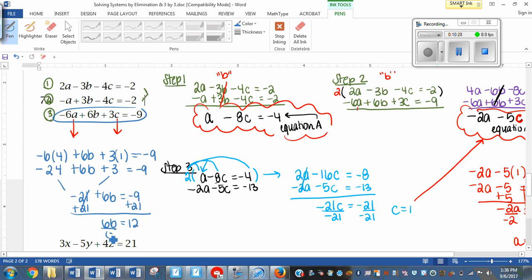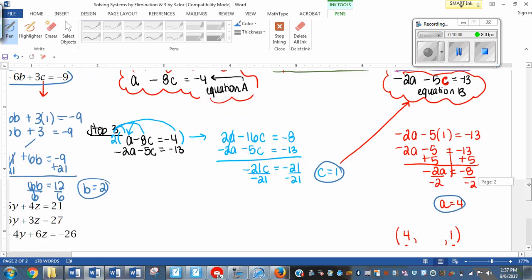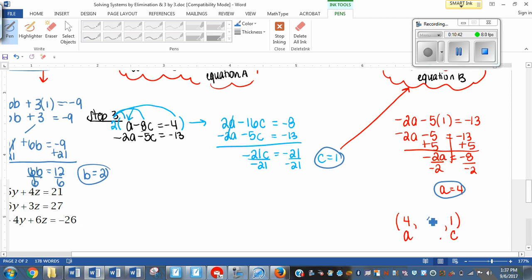And when we divide by 6, we're going to end up with 2. So 4, 2, and 1 are my final answers, which is all just one answer with 3 coordinates.